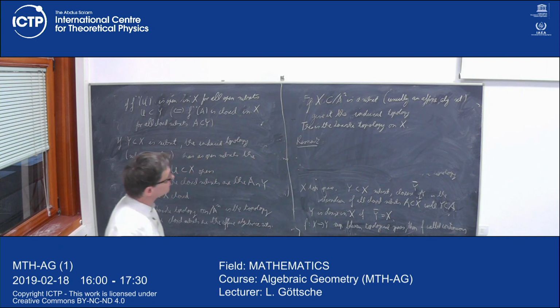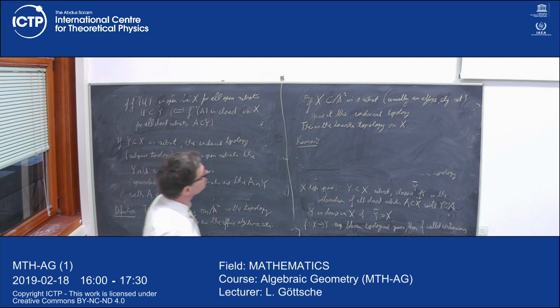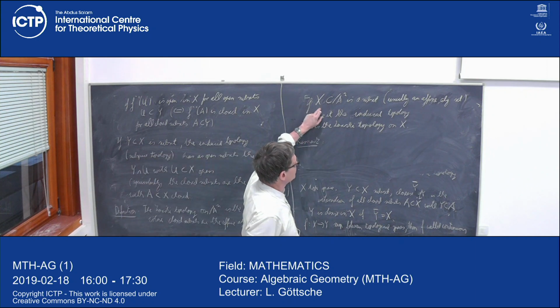First, if X is an affine algebraic set, then the Zariski topology can also be described in a simpler way.